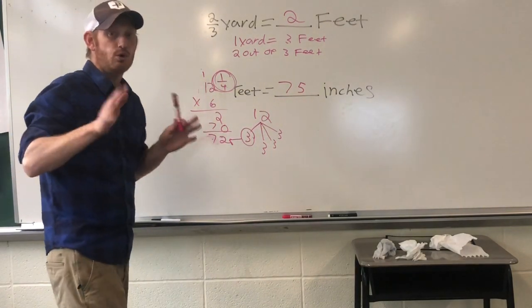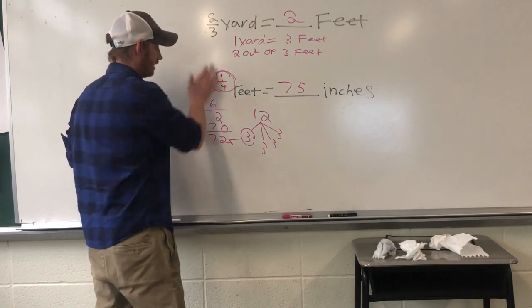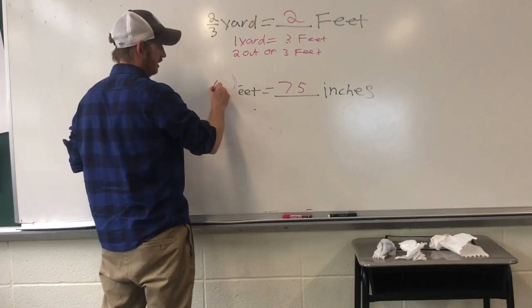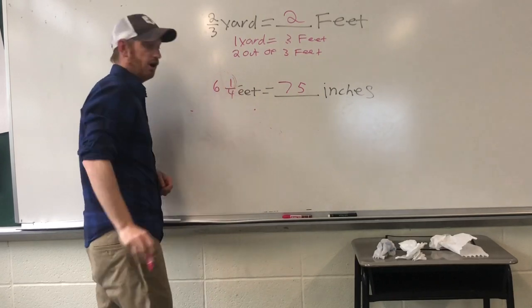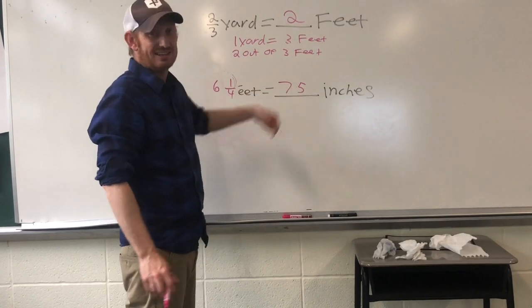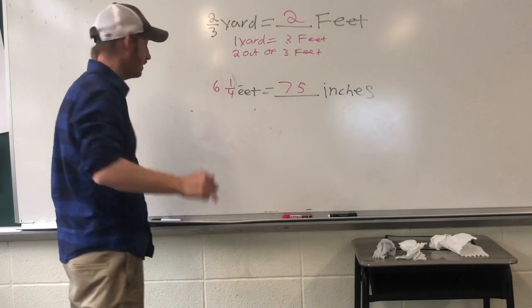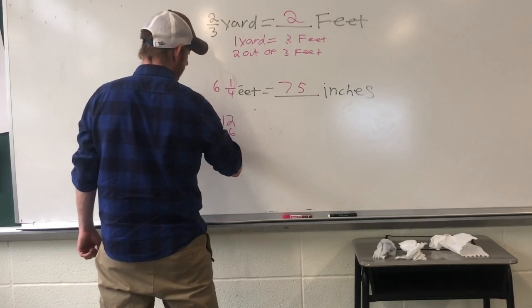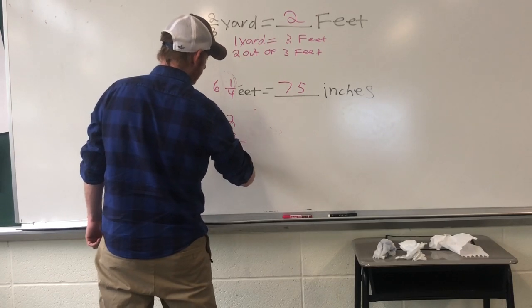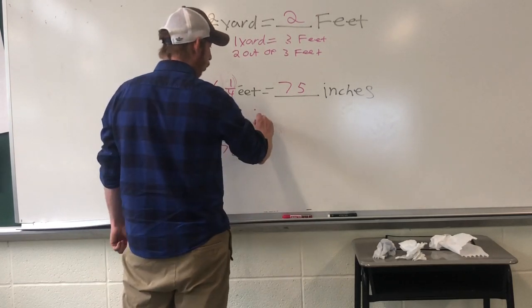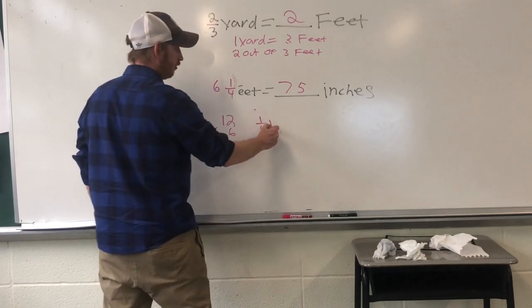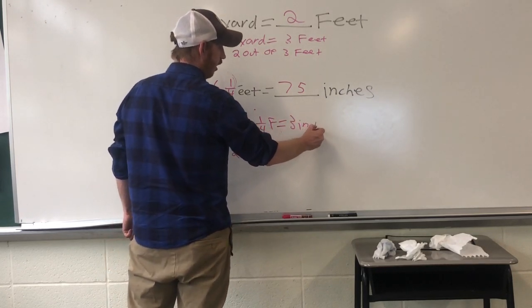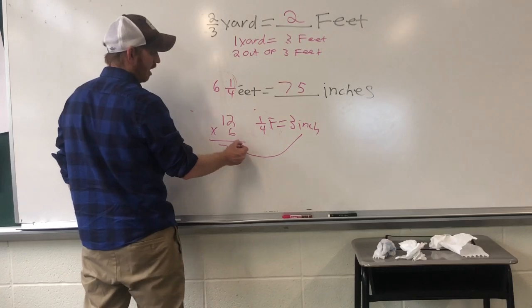Now I know that was a little wacky, so I'm going to do it again really quickly. What I had was 6 feet and 1/4 of a foot, and I converted it into 75 inches. How did I do that? I did 12 times 6, which gave me 72, and then 1/4 of a foot I found out was equal to 3 inches, and I added that on.